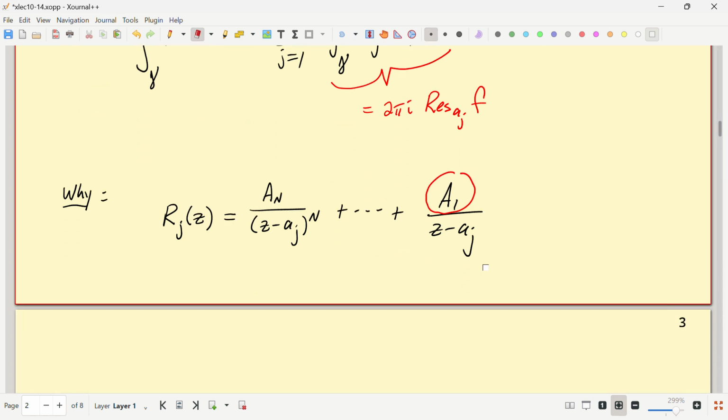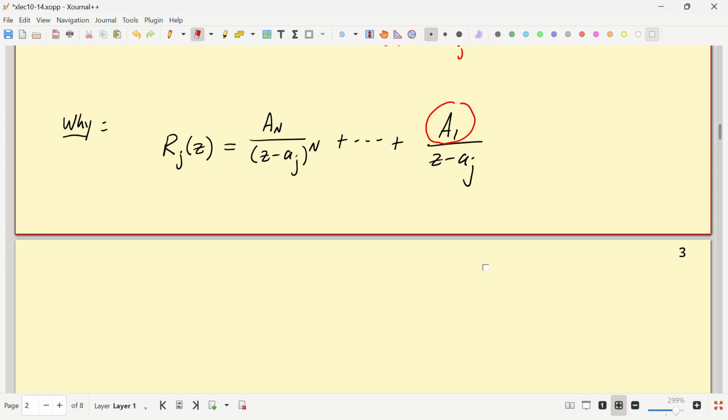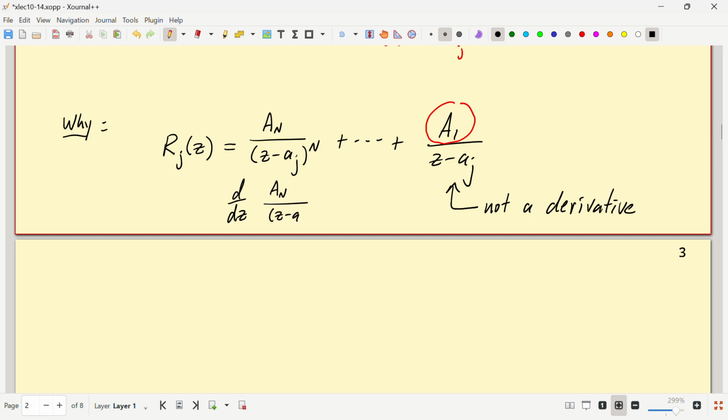Guess it's not bad to keep that. If you look at that, that's the rj, and now I'm going to integrate each one of those terms. These terms are derivatives. This one's not a derivative of something, because it would require a log function to calculate. But this one is, for example. This one would be d by dz of an over (z minus aj) to the minus n plus 1.